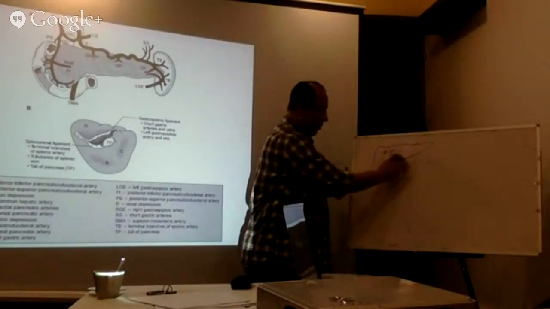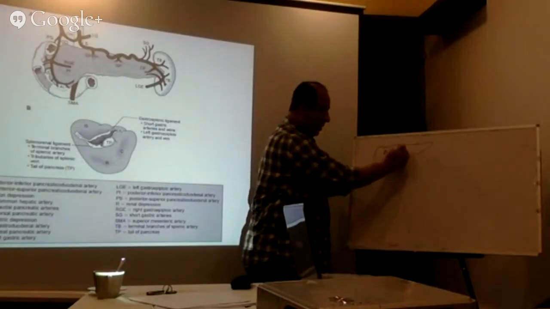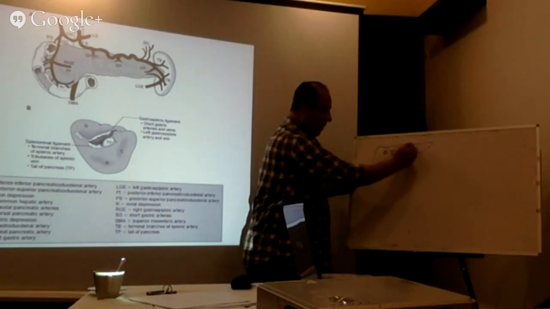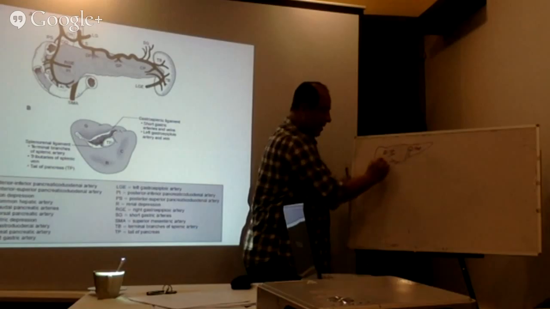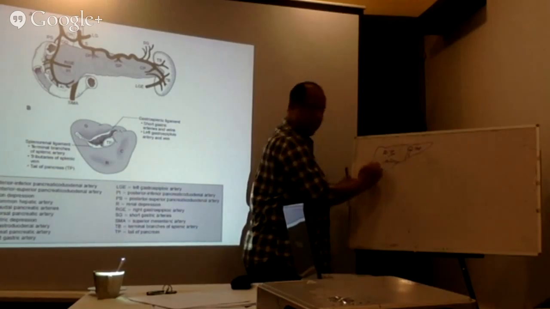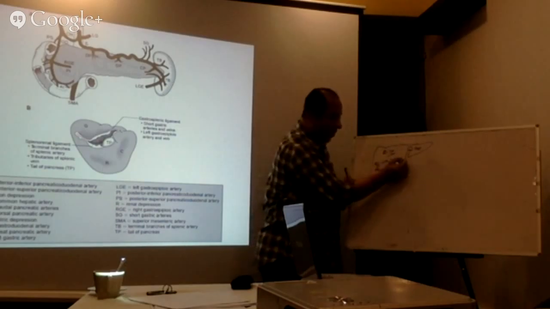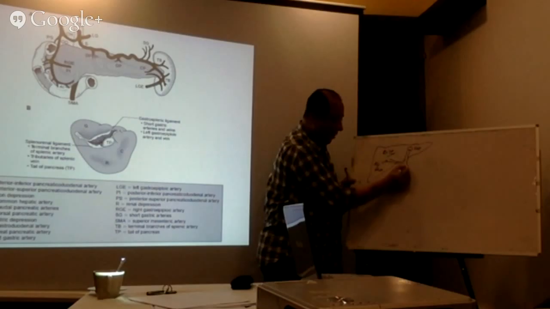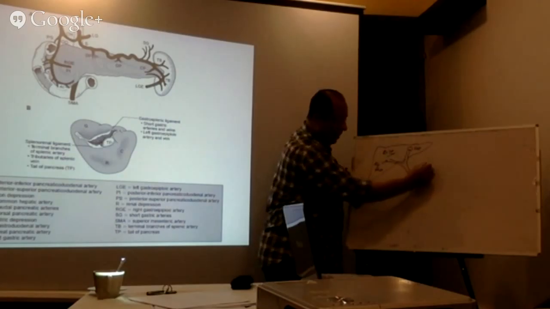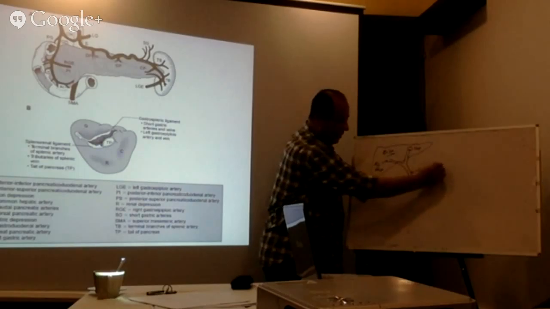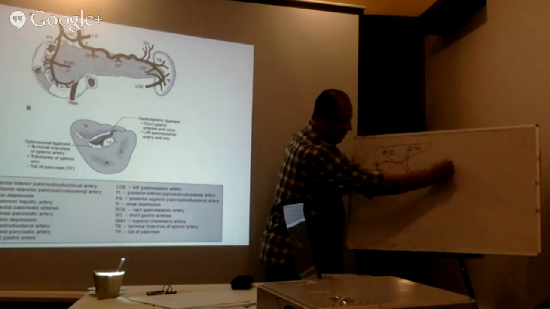And here we are going to have two ducts, the left hepatic and the right hepatic. Both of them are going to join with each other, and they are going to form one duct, which is called the common hepatic duct.